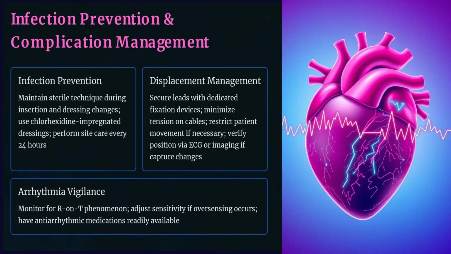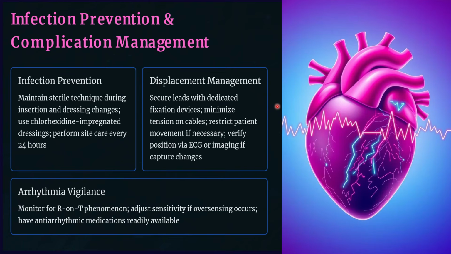An important step in pacemaker care is infection prevention and treatment of complications. Infection prevention can be done by maintaining sterile technique during the insertion. We should change the dressing at the site every 24 hours using chlorhexidine or an impregnated dressing.